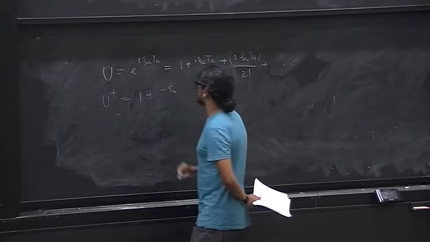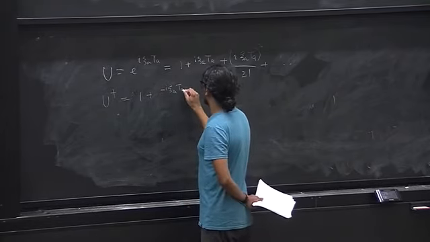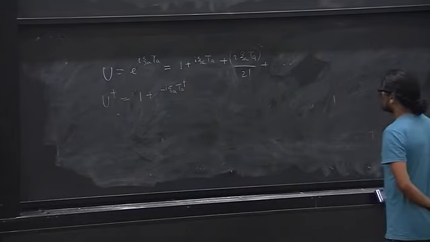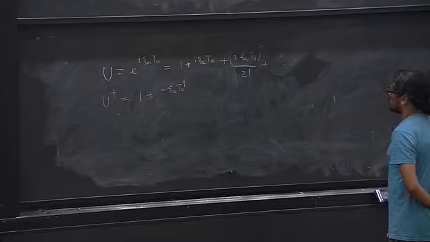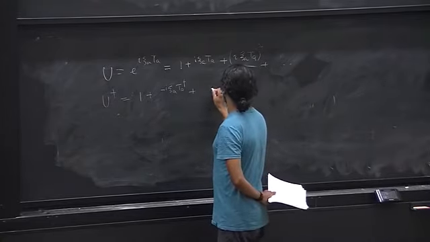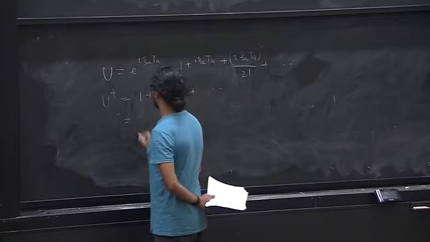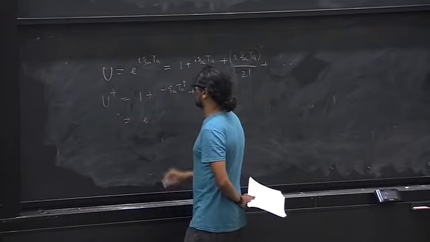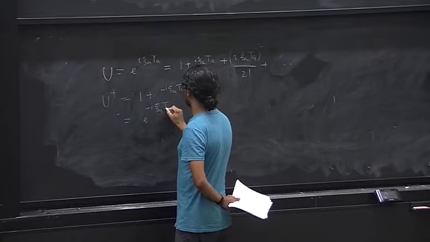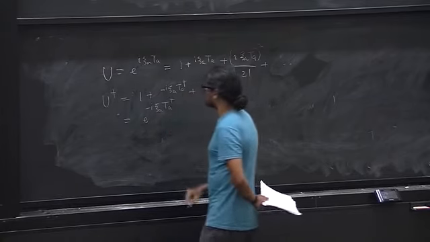These guys are the same. In other words, this is going to be e to the power minus i, this thing, T^A dagger, right?